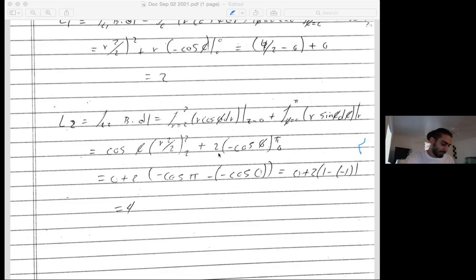The multiplier of 2 would only be in front of the cosine before you integrate. So when you integrate that cosine, it goes to sine. Am I making sense?